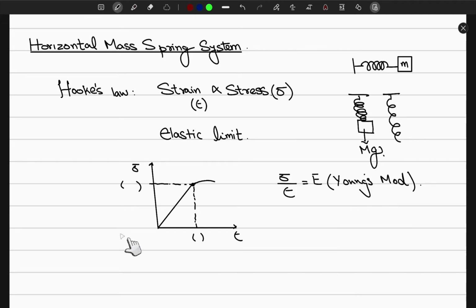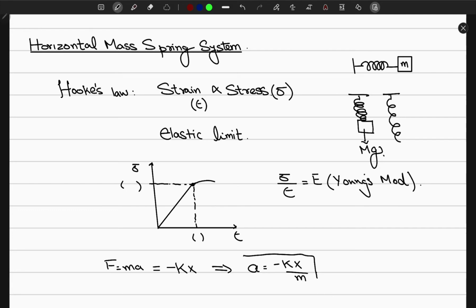So now for this system, I can write down an expression for acceleration using Newton's law, which is F equals ma, but this F for a spring is the restoring force, which is minus kx, and hence this gives me an acceleration of minus kx over the mass of the body.